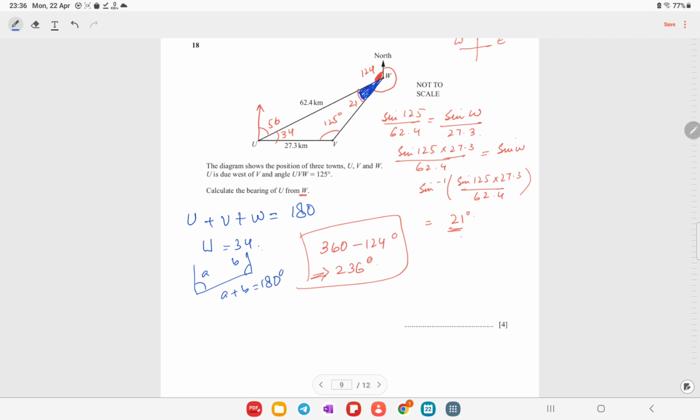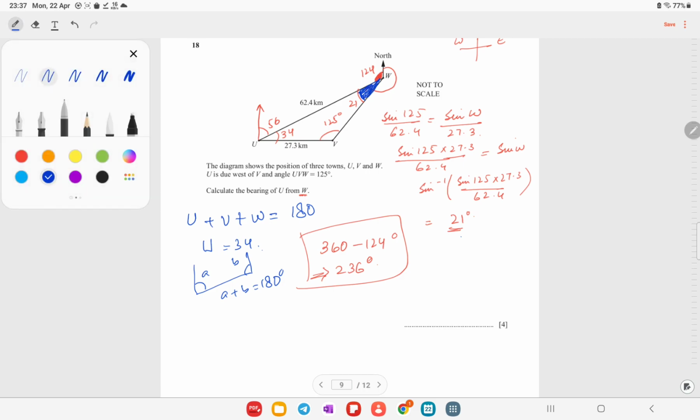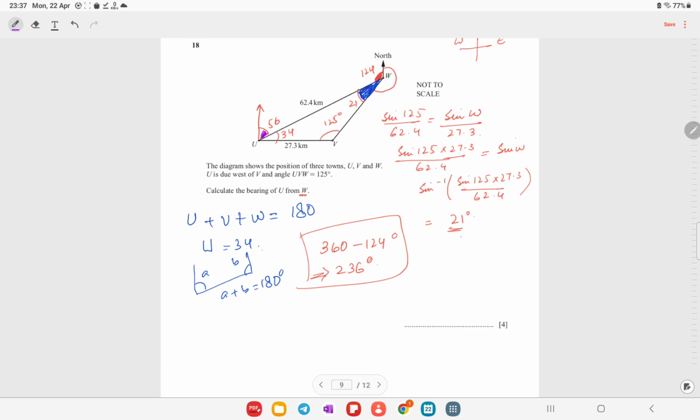Once you got 34, you can see this purple angle will equal 56, because this is a 90-degree angle. Once you got this angle, you can find this angle as well, which is 124 degrees. So 360 minus 124 is your required answer.